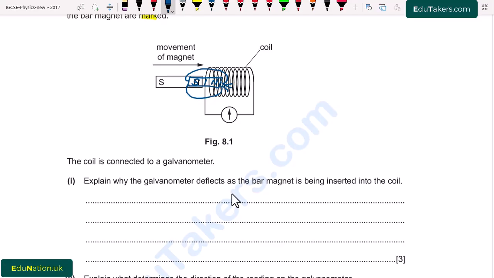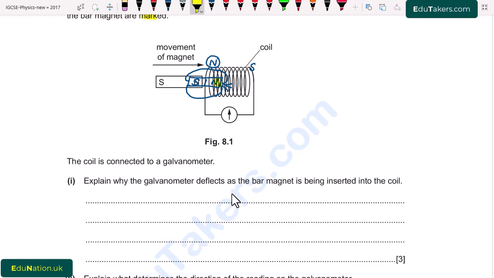If the coil here is north pole and here is south pole, then this north pole repels the north pole of the bar magnet, due to which the coil tries to oppose the motion of the bar magnet.